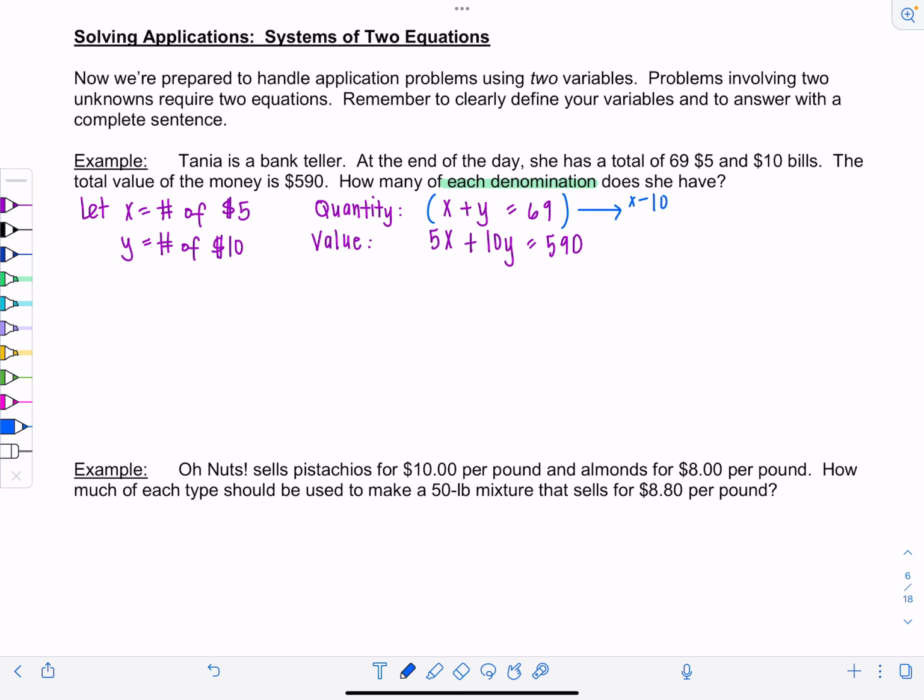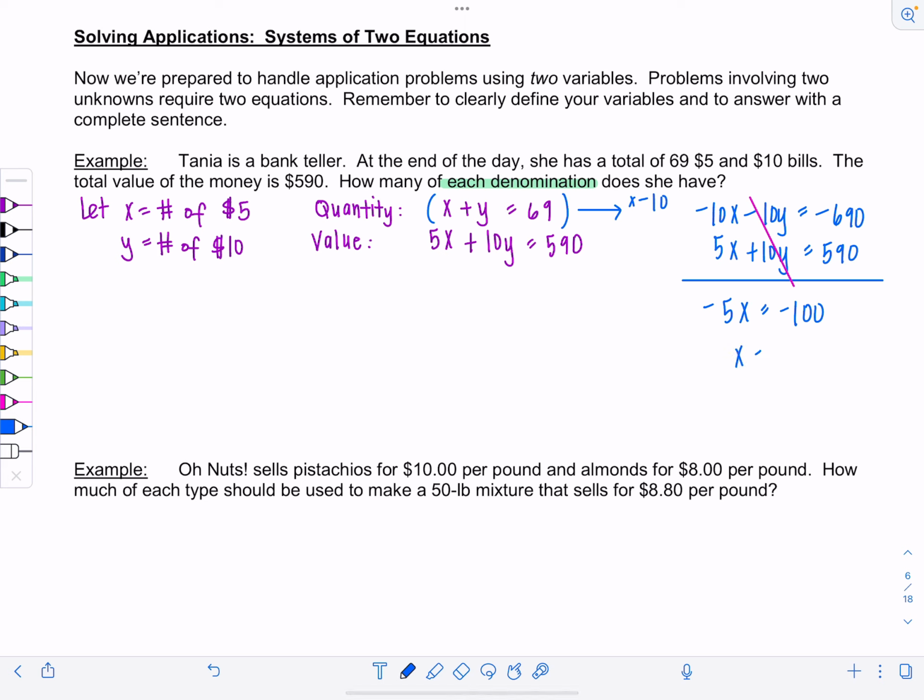So we'll have here -10x minus 10y equals -690. And then we still have 5x plus 10y equals 590. Add these together, y cancels out, and I'm left with -5x equals -100. Dividing both sides by -5, then you get x equals 20.